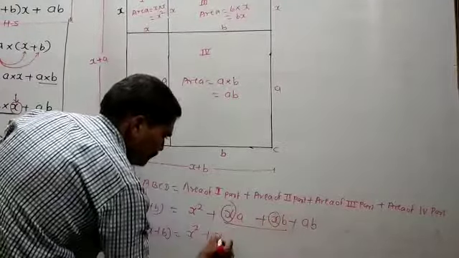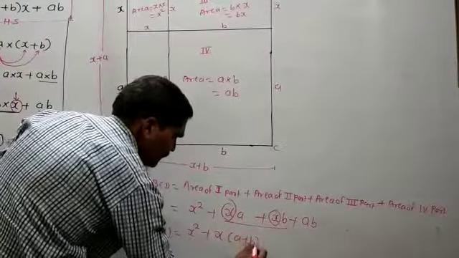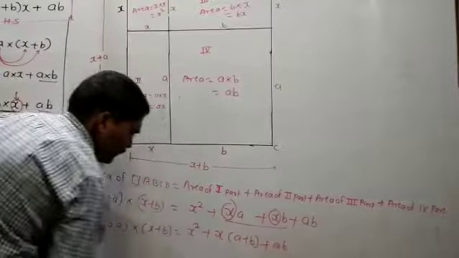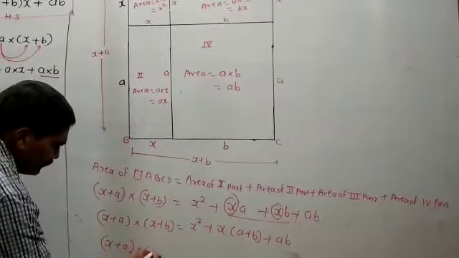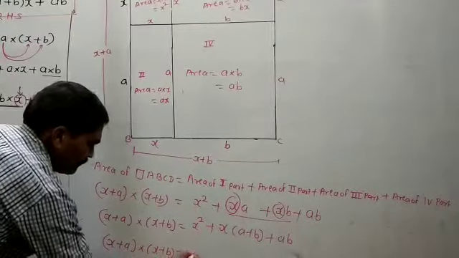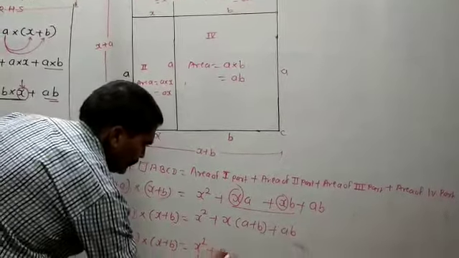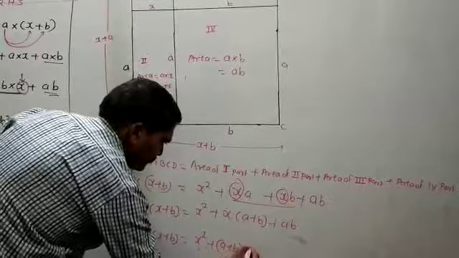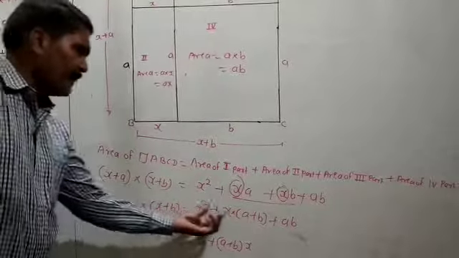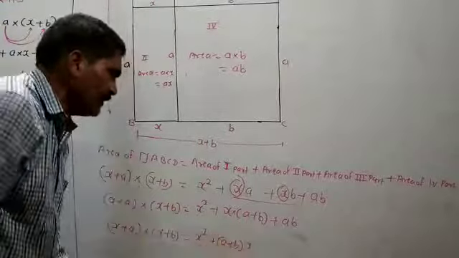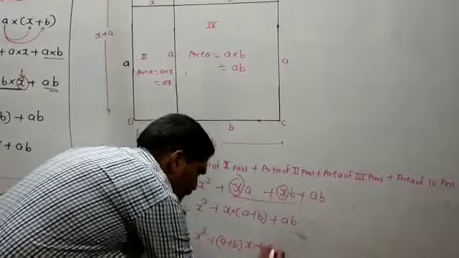If you take x common, a plus b remains, plus ab. You have to rearrange this properly. x plus a into x plus b is equal to x square plus a plus b x. If you write x multiplied by a plus b or a plus b multiplied by x, no problem at all, plus ab.